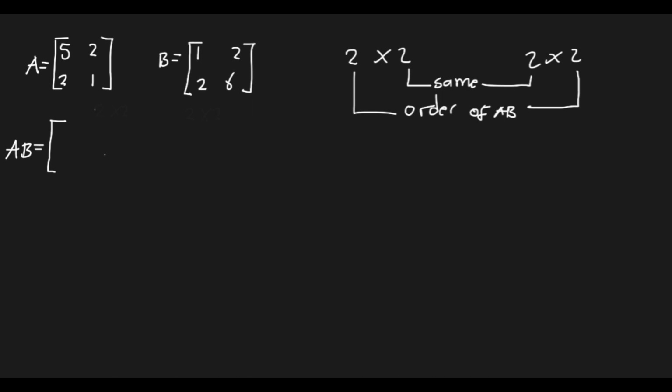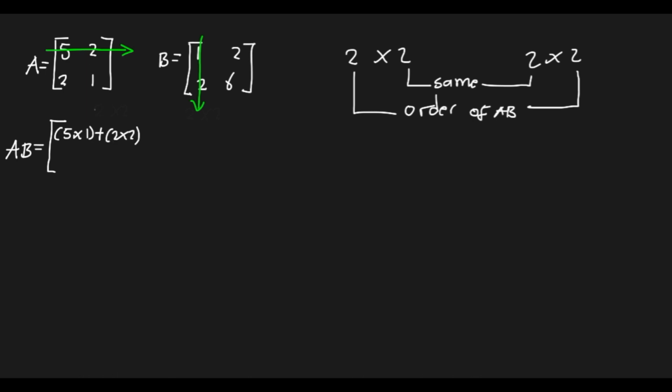Now let's move on. So we are going to say this row will multiply with this column. That is the principle behind the multiplication. So the 5 will multiply with 1, then plus the 2 will multiply with the 2, so it's 2 times 2.